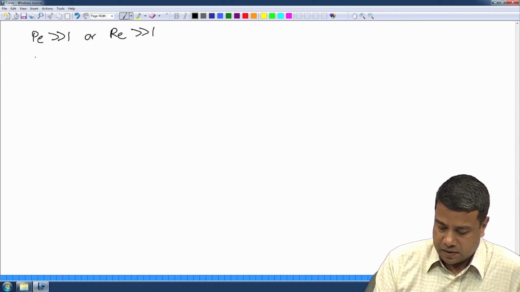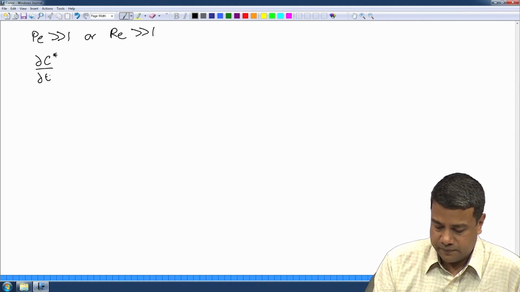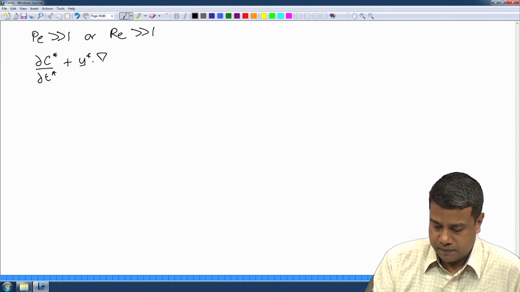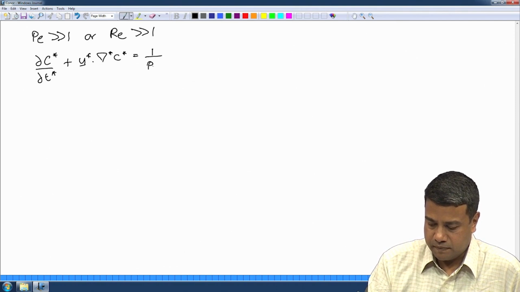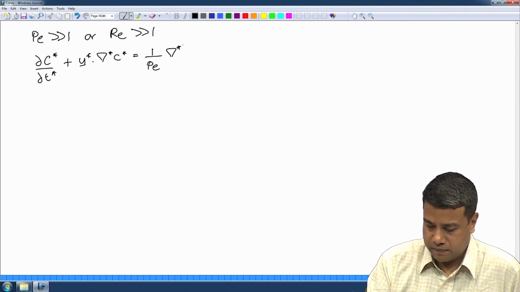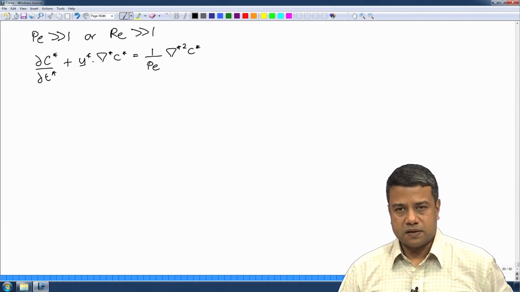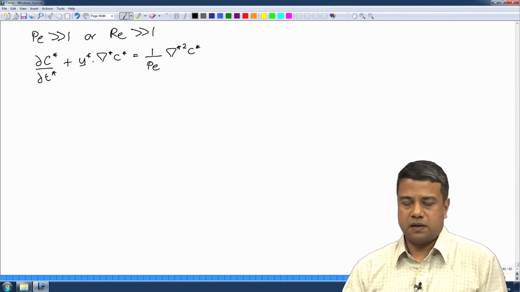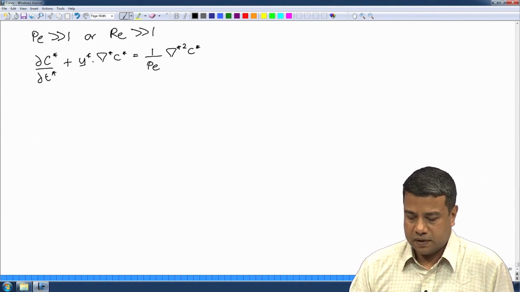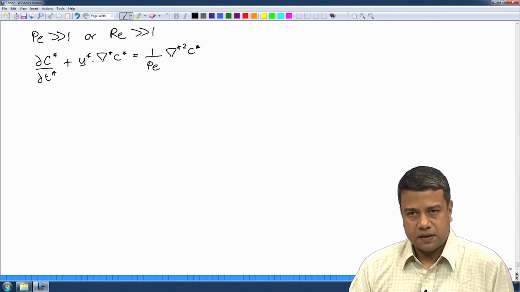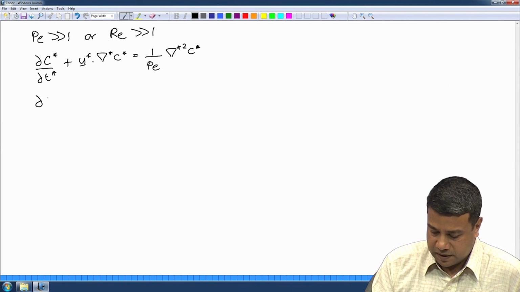So, if I divide by the Peclet number, I will get an equation of the form that will be the conservation equation in the limit of high Peclet number for the concentration field, and an analogous equation for the temperature field.